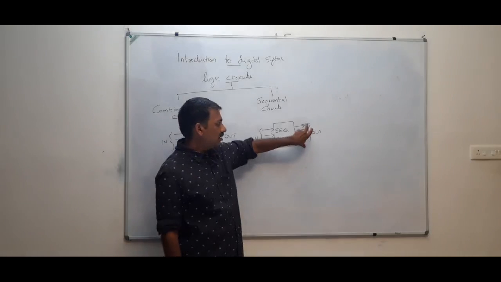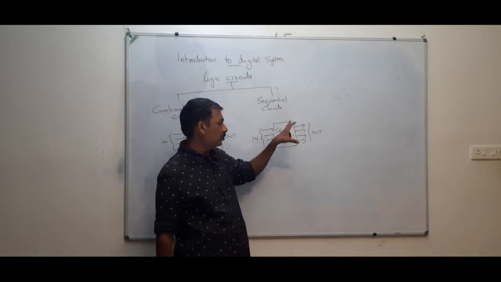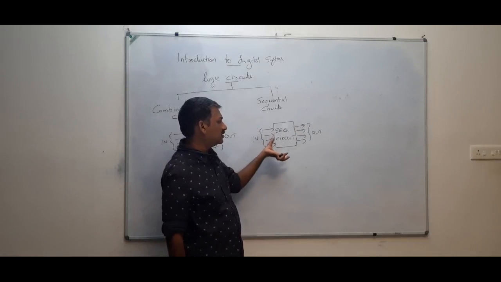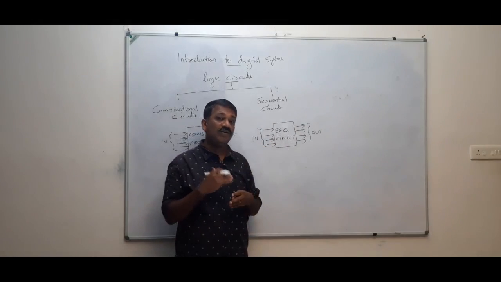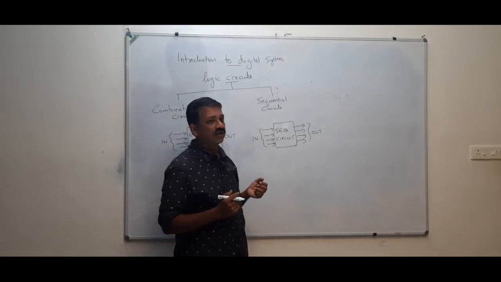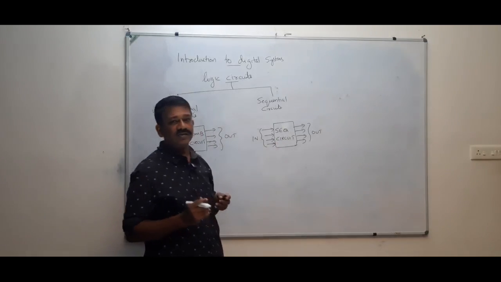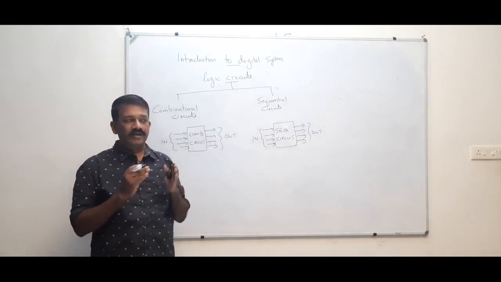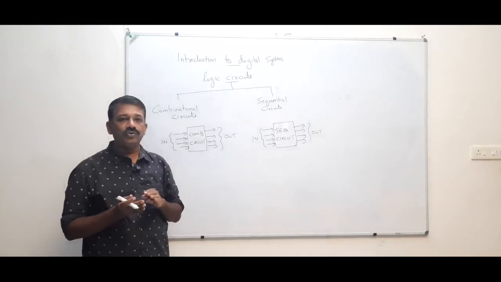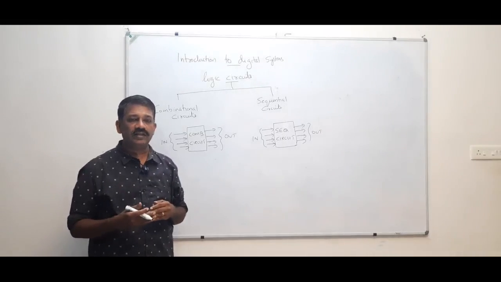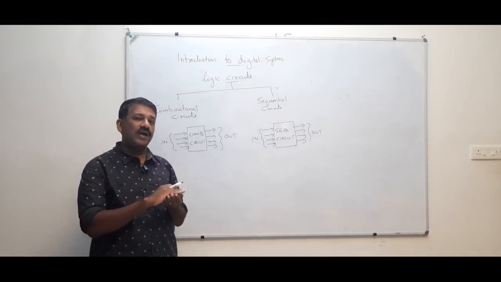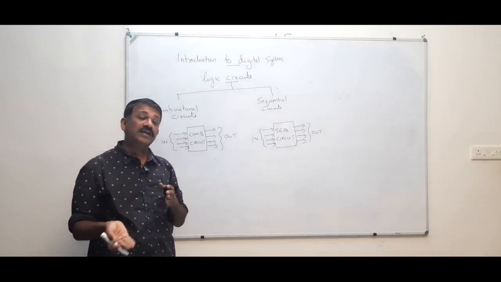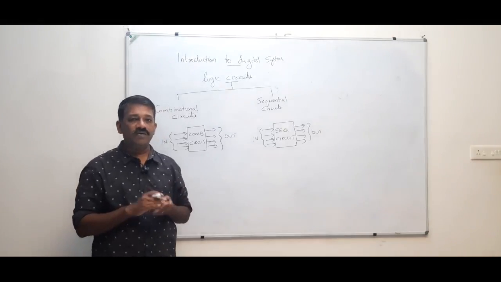That means it depends on the previous state of the sequential circuit. For example, suppose that you have a counter. After 1 you have to count 2. After 2 you have to count 3. That means every time you are adding 1, but it depends on the previous value you have displayed.